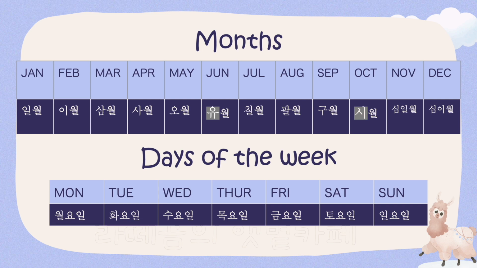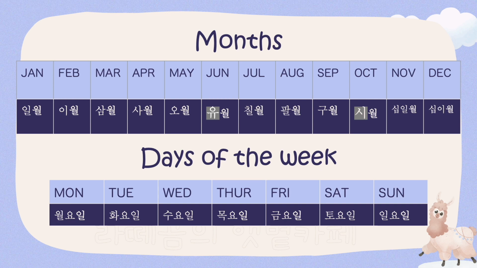So months use the Sino-Korean numbers as well. Please note that the words for June and October are read as 유월 and 시월. And again, these numbers are written in Arabic numerals when writing the months. So instead of writing out the words, you would just put the number.